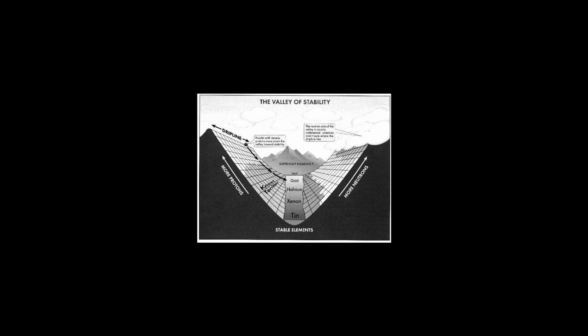The stable nuclides have high binding energy, and these nuclides lie along the bottom of the valley of stability. Nuclides with weaker binding energy have combinations of N and Z that lie off of the line of stability and further up the sides of the valley of stability. Unstable nuclides can be formed in nuclear reactors or supernovas.